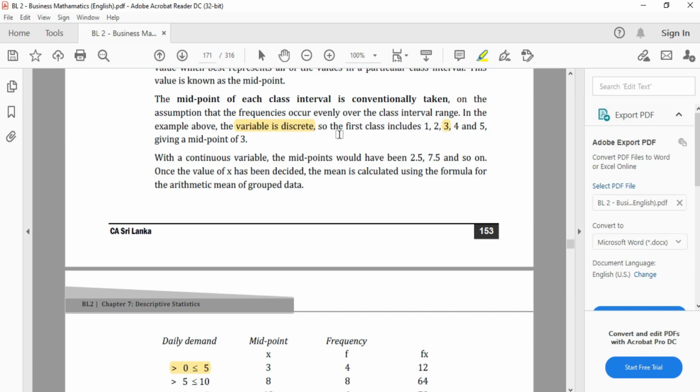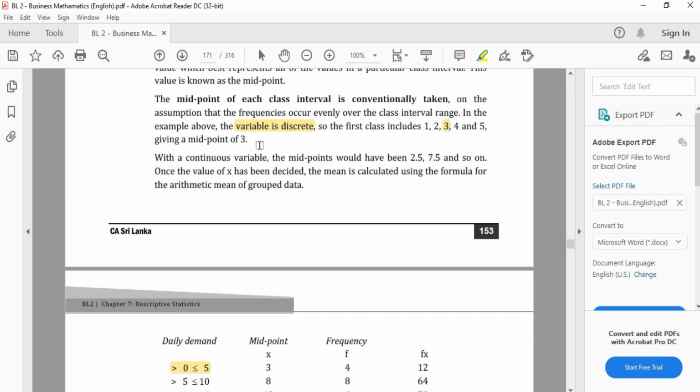So for such classes we can have midpoint of 3. But of course we learned that discrete classes can be considered as continuous classes as well. However, with a continuous variable, midpoints would have been 2.5 to 7.5, and so forth, right?